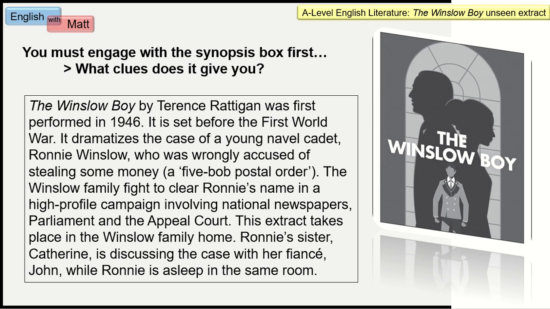It's a danger and it's a mistake, I think, to put pen to paper before you've really understood what the main lines of inquiry are. So this is, of course, to help with that. So you can pause the video now and have a go at working out what the significant things are in this synopsis box, or you can continue watching and we can go through what I have picked out.